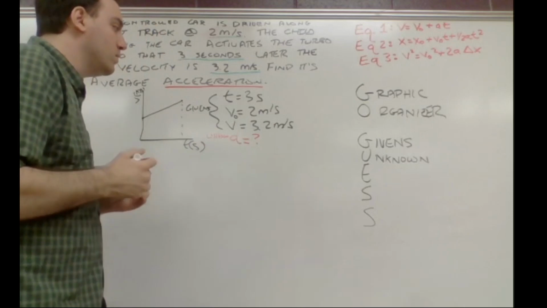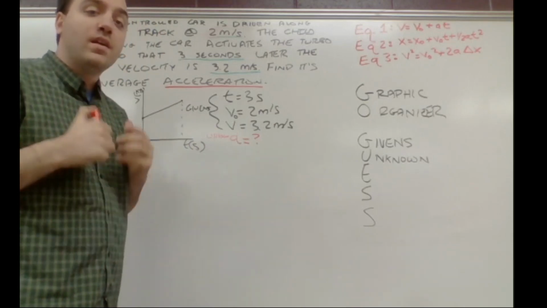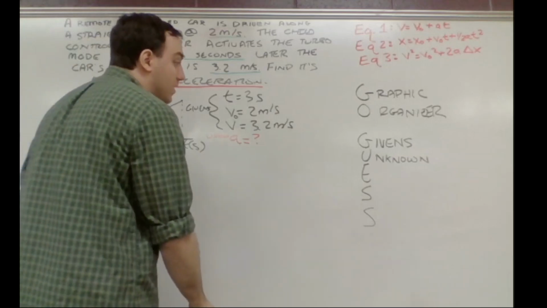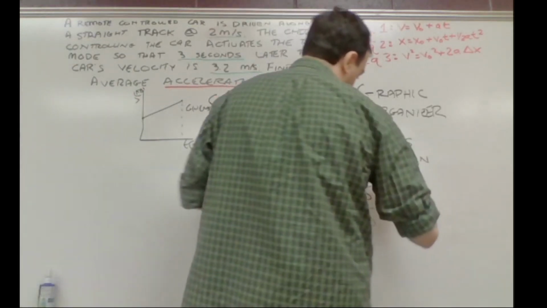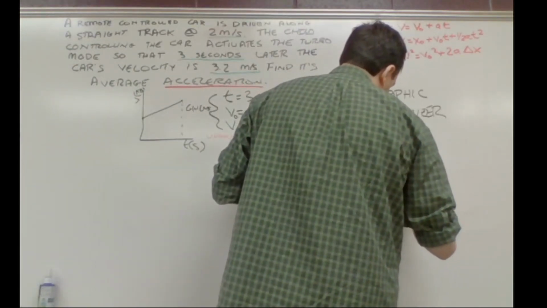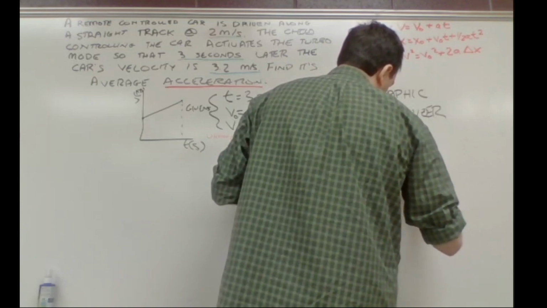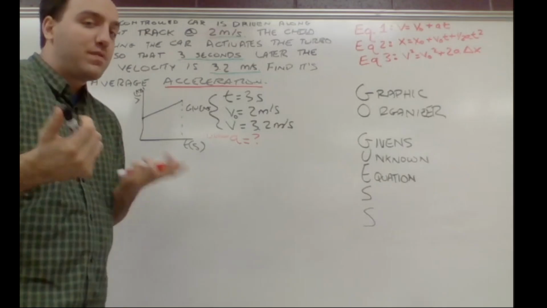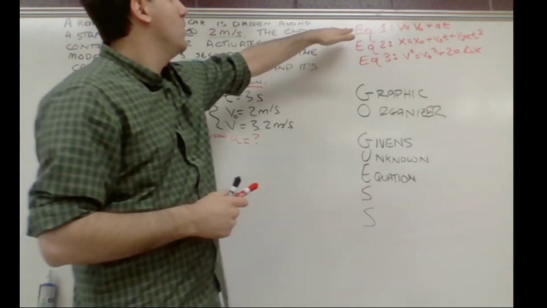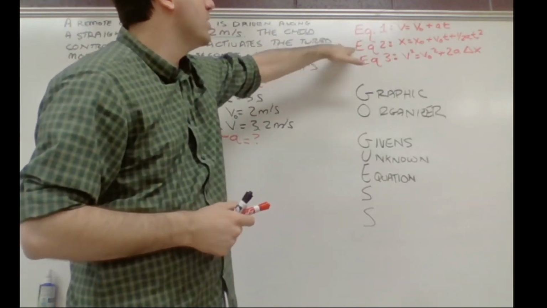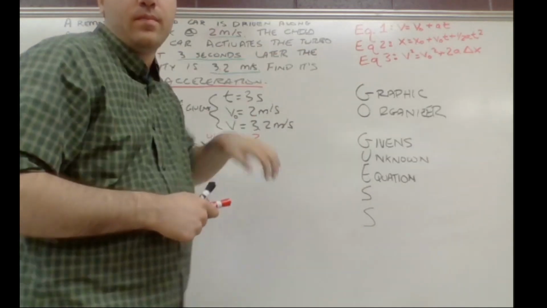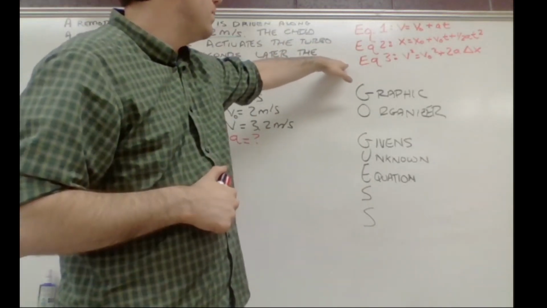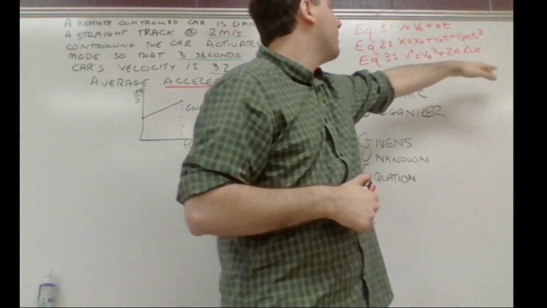Once you have your unknown, find an equation that ties these 4 variables together. That's going to be your E. So, which equation? We only have 3 options here: equation 1, equation 2, or equation 3. Equation 3 doesn't work because we don't have displacement anywhere.